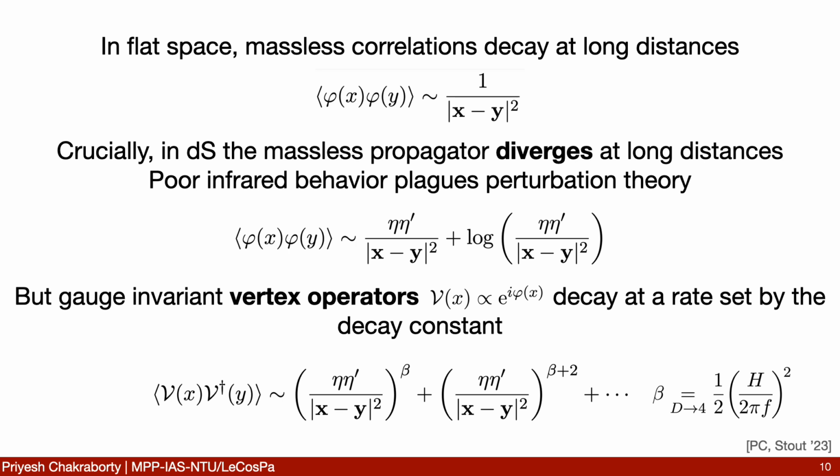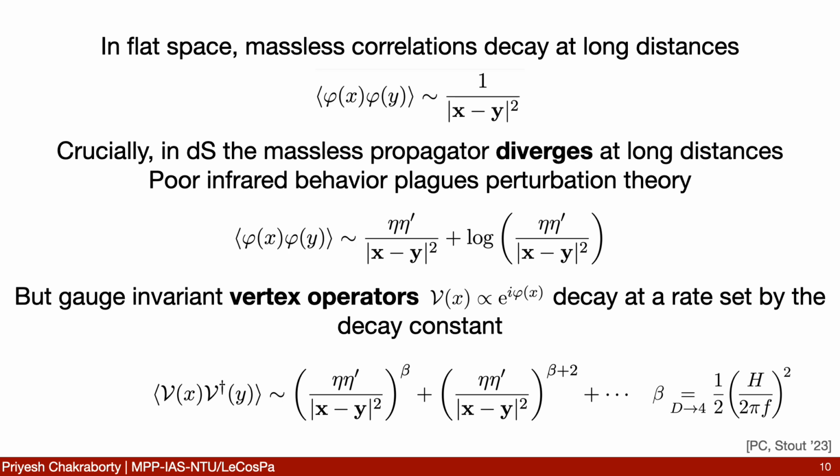But moreover, since we're talking about an axion, phi is not even an operator which respects the periodicity of an axion. So it's not a gauge invariant operator in that sense. But what is a gauge invariant operator is e to the i phi, or vertex operators.